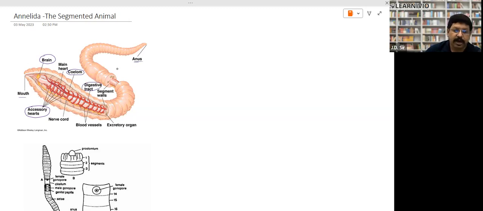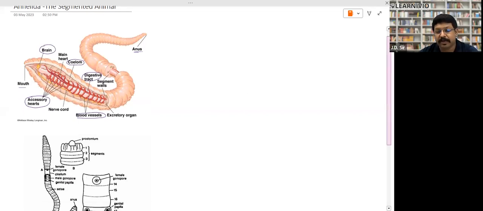The excretory organs and blood vessels are present, so the circulatory system is also found, right? And nervous system is found, and this is the segmentation of the body, so the body is segmented, right?